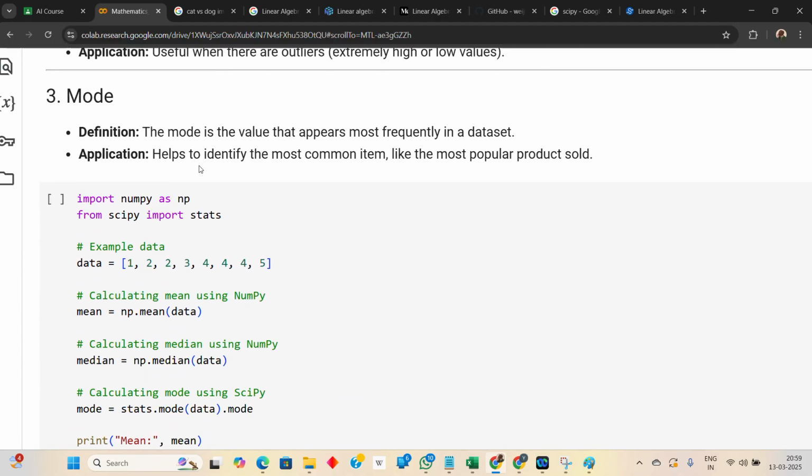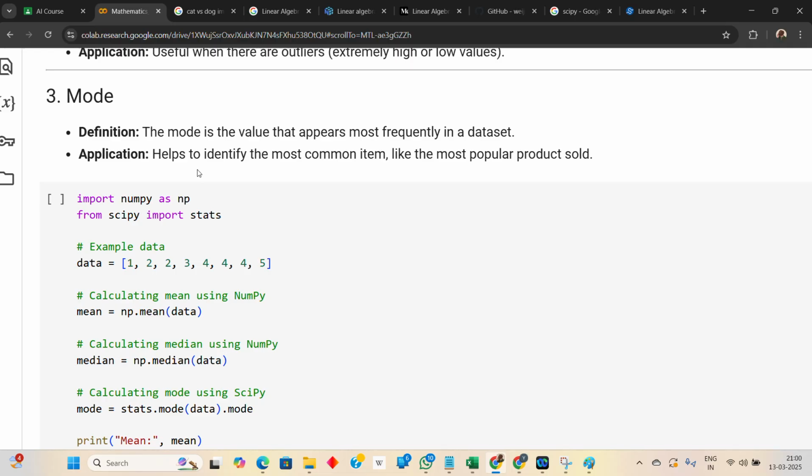And here you can see mode. Mode means the most repeated value. Mode is helpful for finding commonality. For example, during COVID, let us consider America collecting information about which age groups got affected.